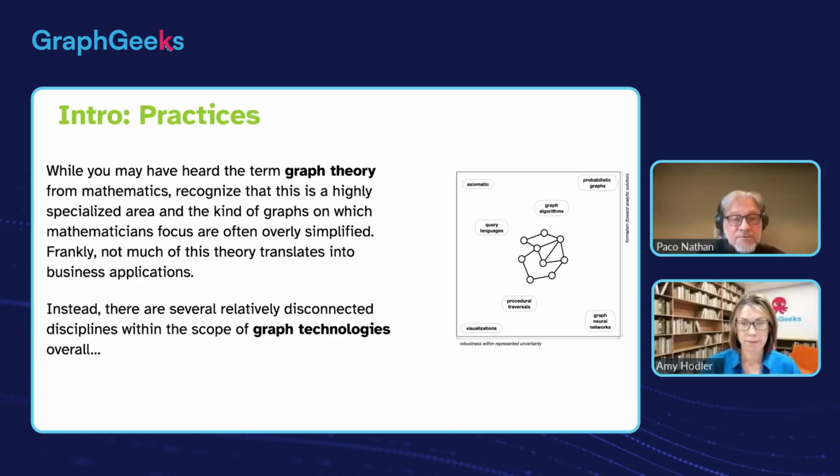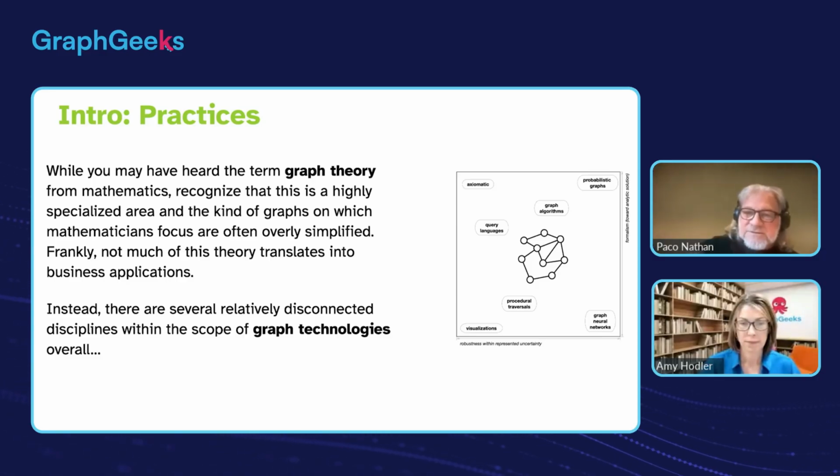But there are other disciplines that are even more academic, if you will, that are within the scope of graph technology. So we're not really going to talk about graph theory. I would say, avoid that as part of your lexicon. But really take a look at some of these other areas where there is a lot of work going on. Again, it's kind of in pockets, in different camps.